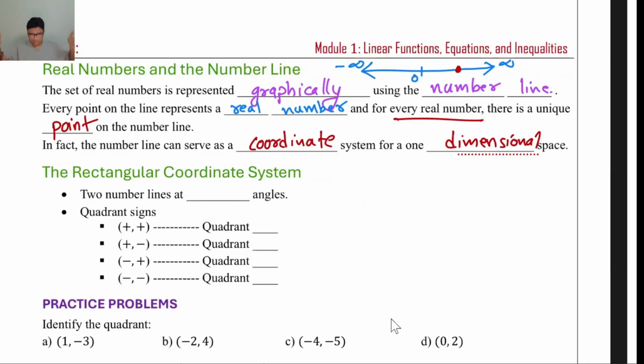Or if you look at the highway with both north and south or east and west, you can move in the forward or reverse direction, but it's the same line, right? So that is the 1 dimensional space. There is only 1 dimension, only one direction of movement.